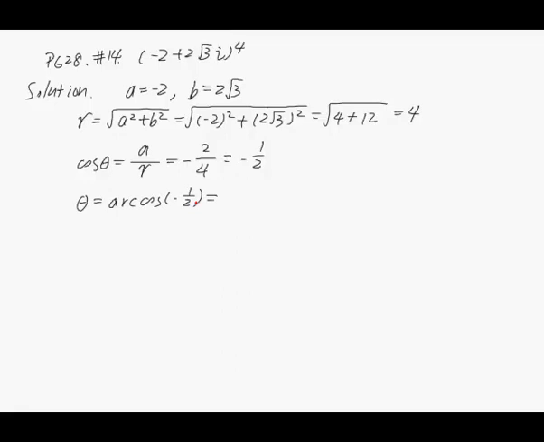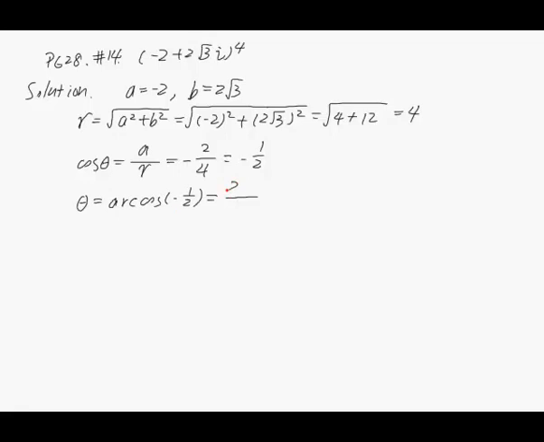What angle? First, what is the angle whose cosine is 1/2? Pi over 3, right? Then arc cosine of the negative 1/2 should be equal to pi minus the pi over 3.